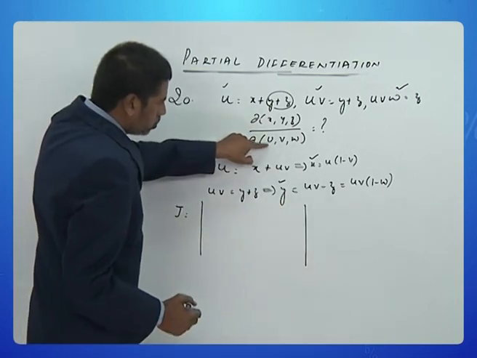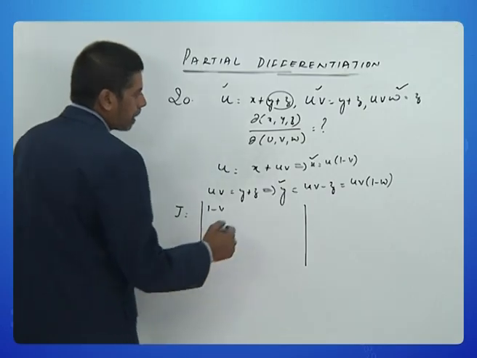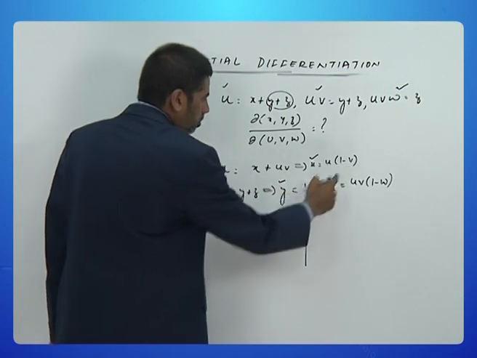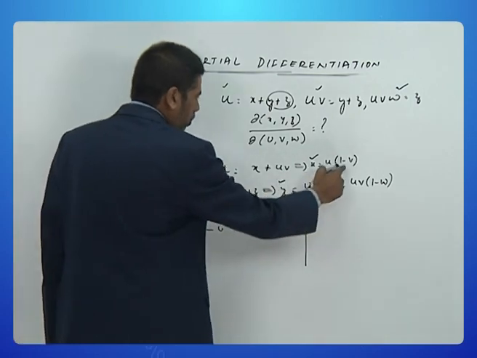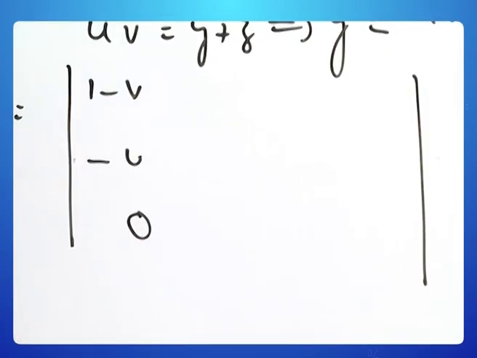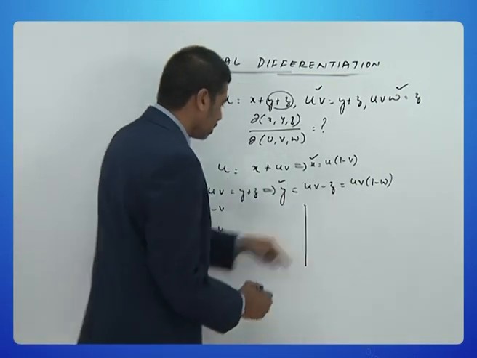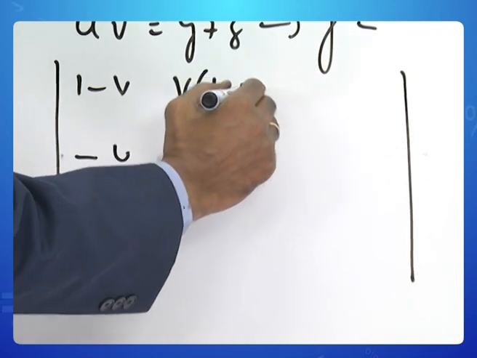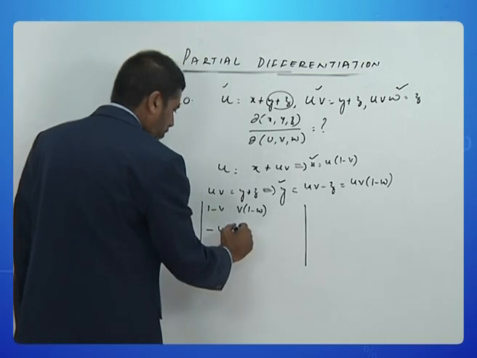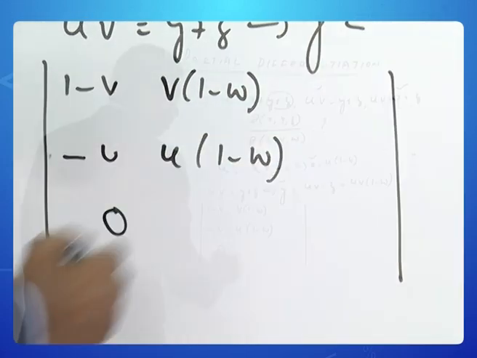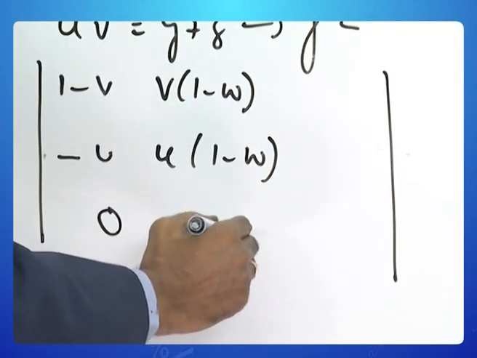∂x/∂u would be 1 minus v. ∂x/∂v would be minus u, and ∂x/∂w would be 0. Then ∂y/∂u is v into 1 minus w, ∂y/∂v would be u into 1 minus w, and ∂y/∂w would be minus uv.